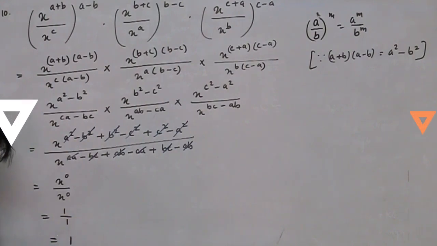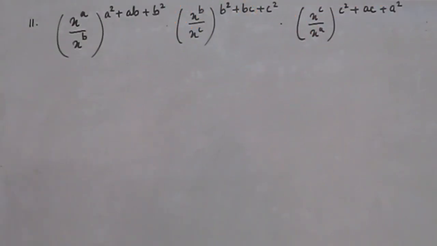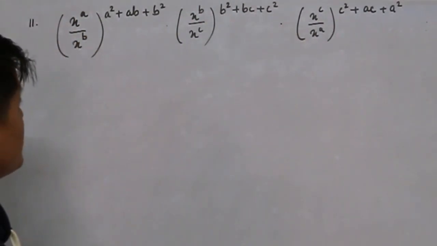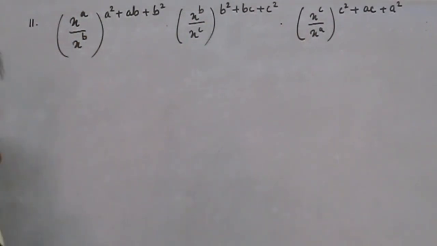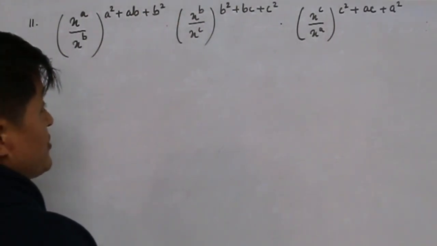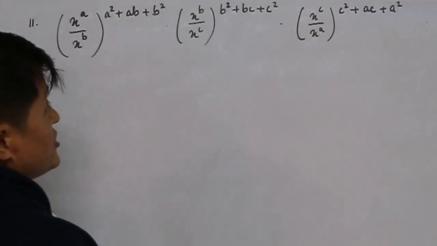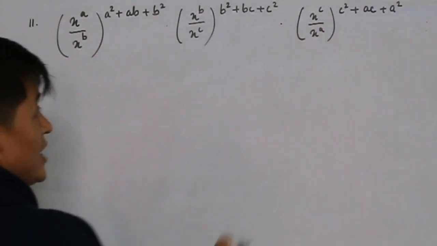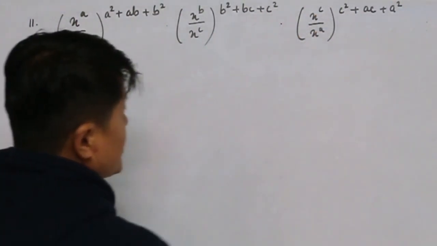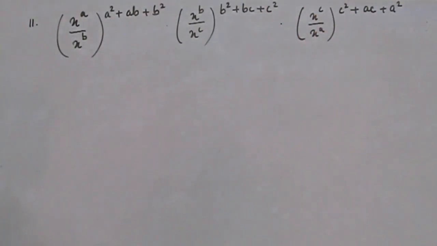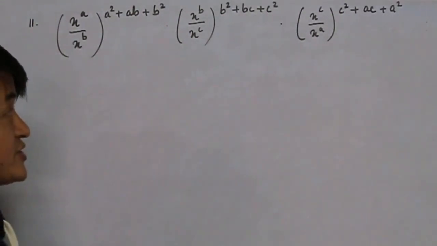The next question is x to the power a divided by x to the power b whole to the power a square plus ab plus b square, x to the power b divided by x to the power c whole to the power b square plus bc plus c square, and similarly x to the power c divided by x to the power a whole to the power c square plus ac plus a square.